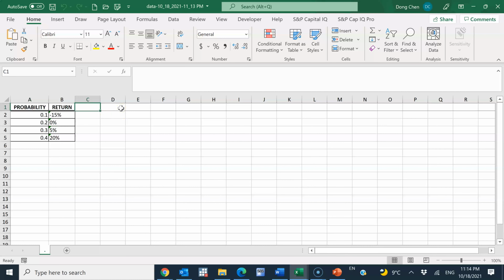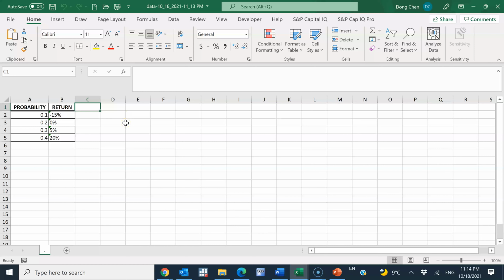So expected rate of return is basically the weighted average of the individual returns of all the assets within the portfolio. And weight is basically the probability of the occurrence of a certain economy state. So to calculate the expected rate of return, we just need to calculate the weighted average.